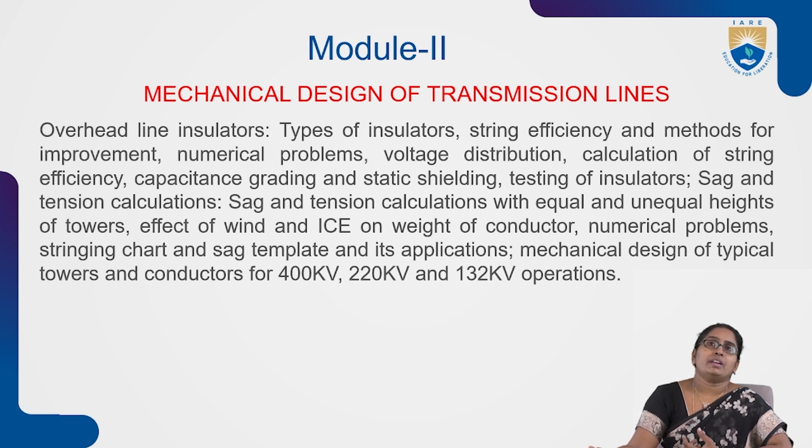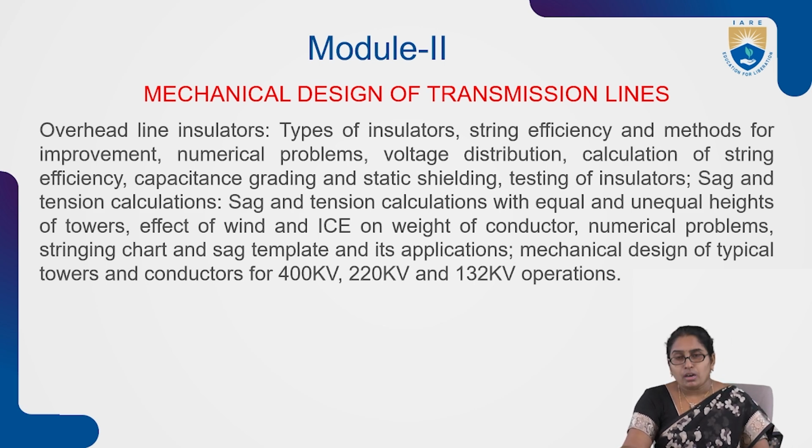How they calculate that is the second half of module 2. During that calculation, factors like wind effect and ice effect on the suspended transmission conductors are also considered, and problems based on that. At last, the mechanical design of typical towers and conductors for 400 kV, 200 kV, and 132 kV operations.